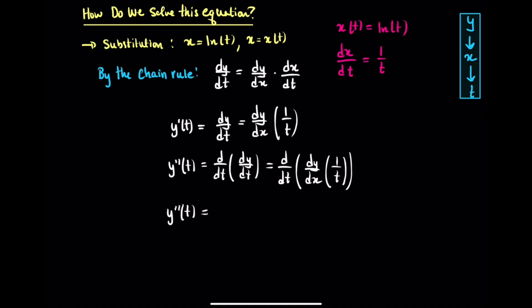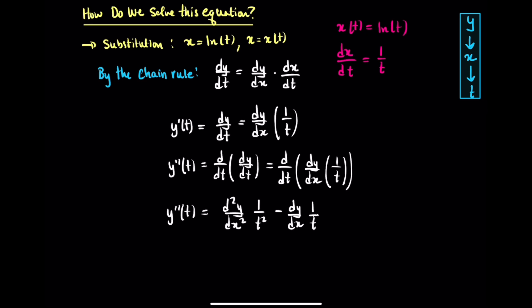If we do the product rule, then we get d2y dx squared times 1 over t squared, minus dy dx times 1 over t squared. And this is just by the product rule.